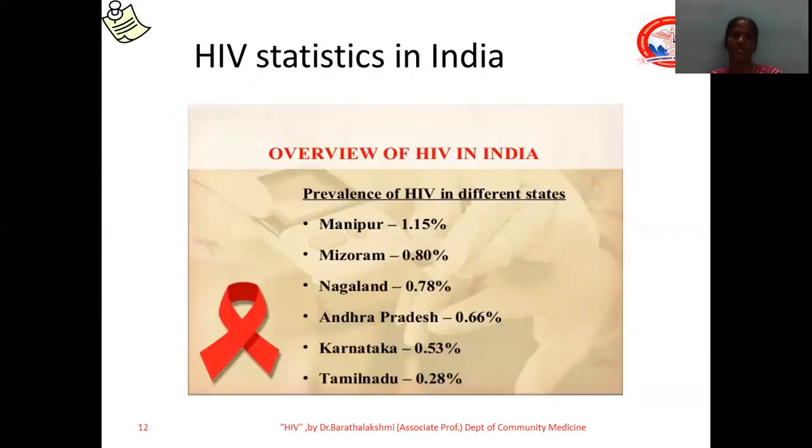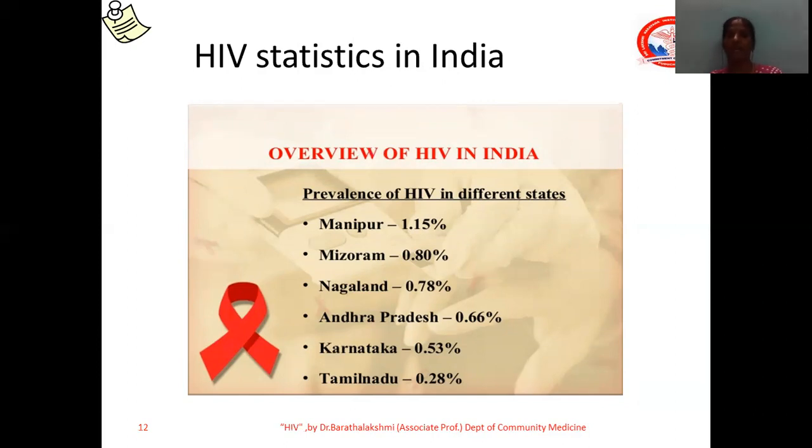And the HIV statistics among the different states in India. So the states which have a high prevalence of HIV infection are Manipur, Mizoram, Nagaland, Andhra Pradesh, Karnataka, Tamil Nadu. So these are the high prevalence states.